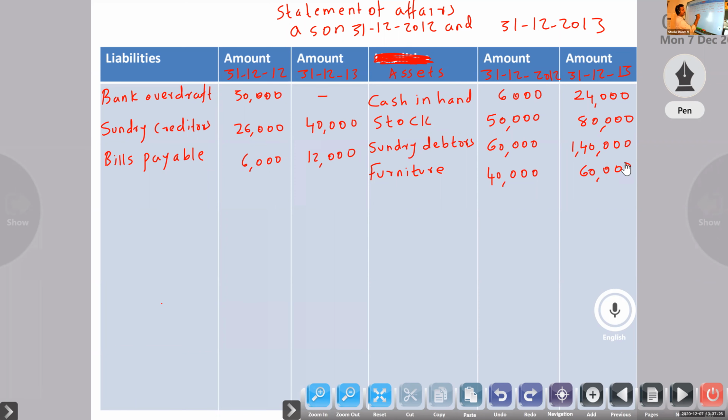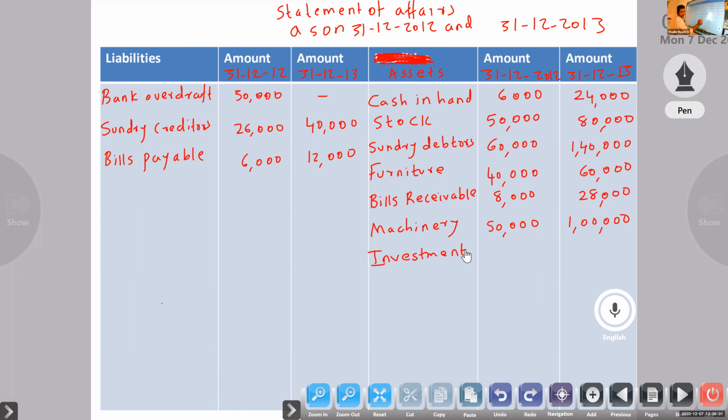Bills receivable, asset, bills receivable, 8,000, 28,000. Machinery, asset, machinery, 50,000, 1 lakh. Next, investment, asset, 30,000, 80,000.